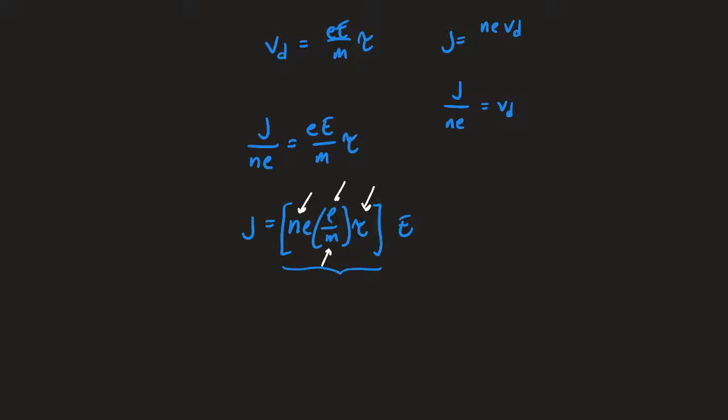All of this is known as the conductivity of a material, which, by the way, is the inverse of the resistivity of a material. Now, we know resistance is easy to measure.